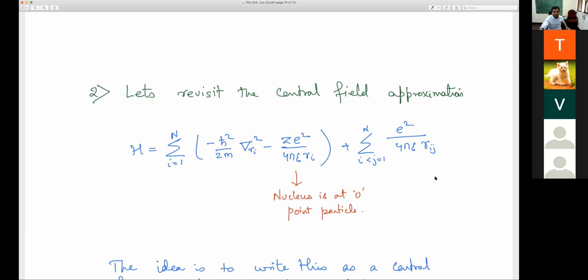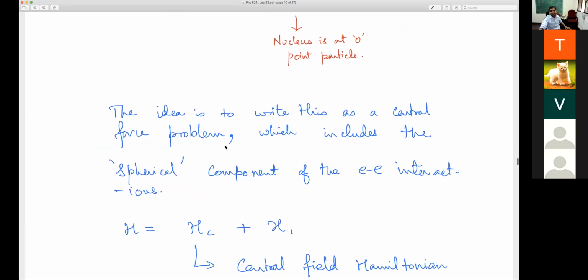And that was the motivation behind writing this as a central force problem. The main idea was to include the bulk of the screening coming from these nC2 electron interaction terms, but keep only the spherical part of those screening terms in the primary Hamiltonian, and keep all the angular dependent parts as a perturbation.